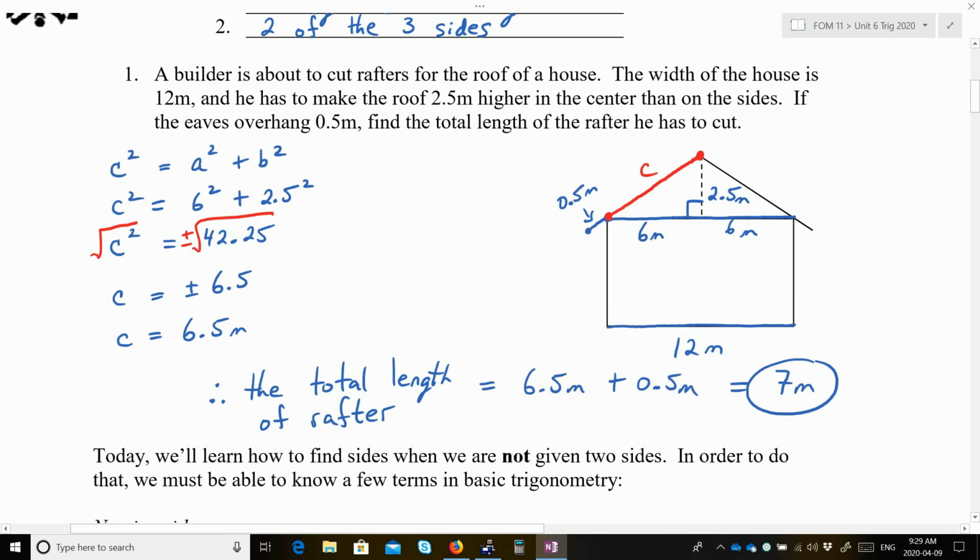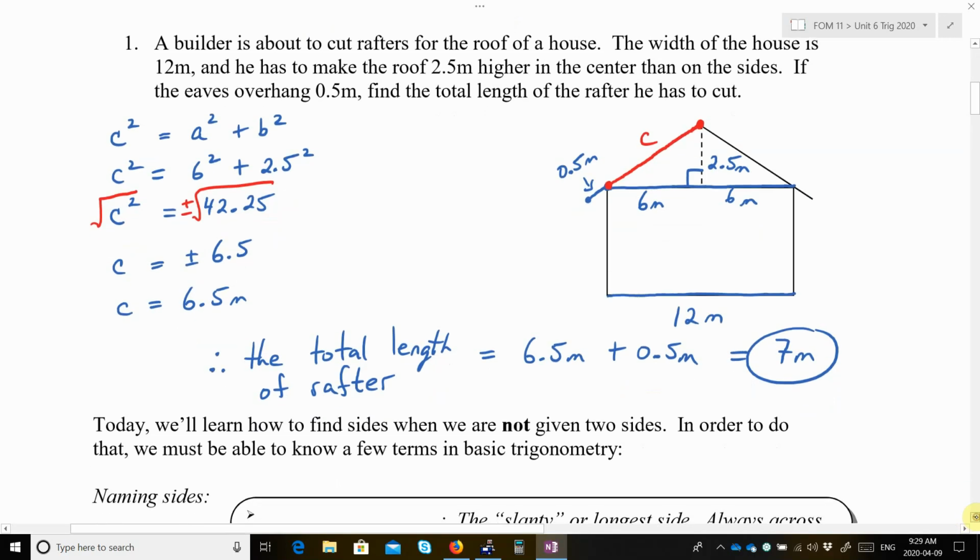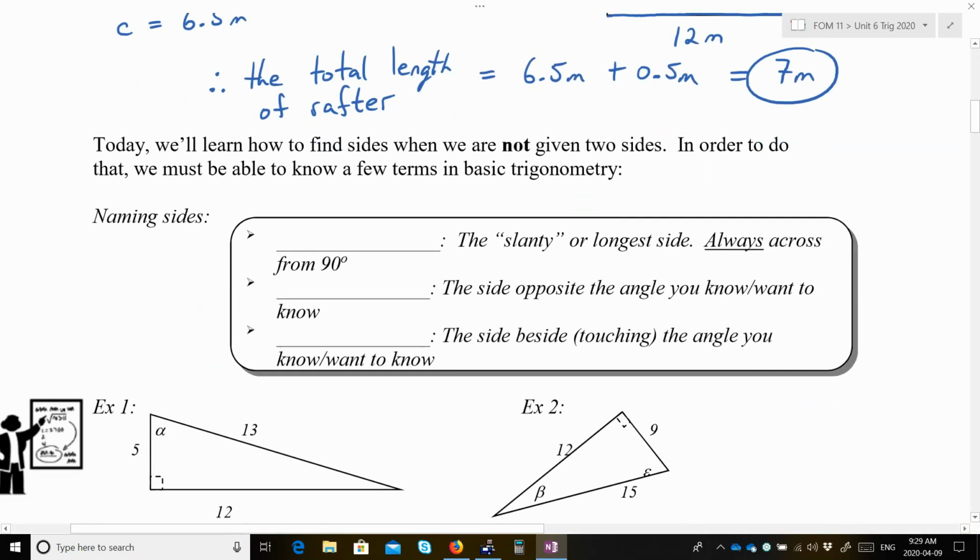Okay, so that's a nice little review of the Pythagorean theorem. Today we'll learn how to find sides when we are not given two sides. In order to do that, we must be able to know a few terms in basic trigonometry.